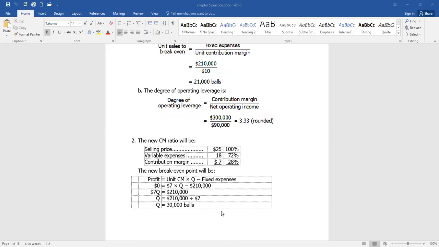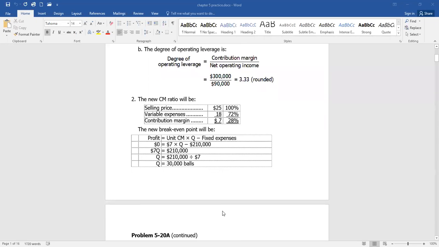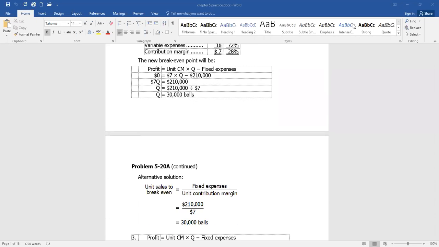Now, if we want to determine the number of balls, we can use the same types of formulas we saw before. You could either use the formula or the equation, whichever you prefer. I myself like the quick and easy route. How much are our fixed expenses that we need to make? Because you have to make at least that much in contribution margin, 210,000.